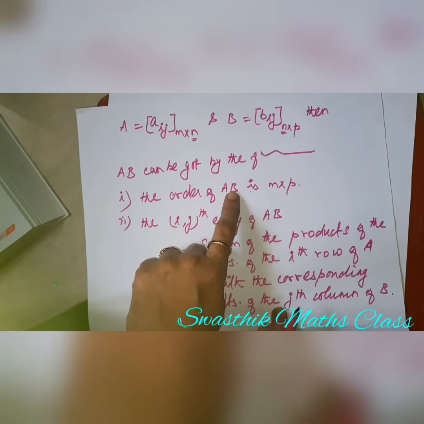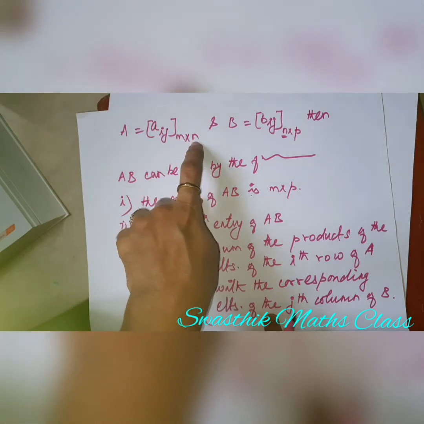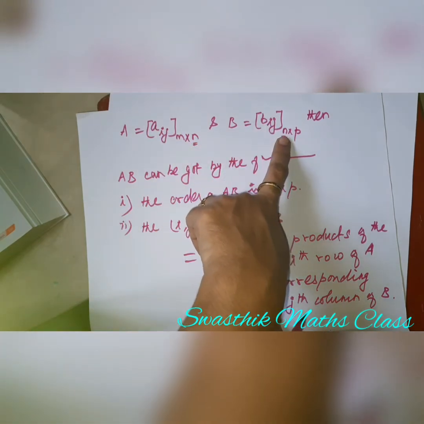What is the condition for existence of the product AB? The condition is the number of columns in A must be equal to the number of rows in B.